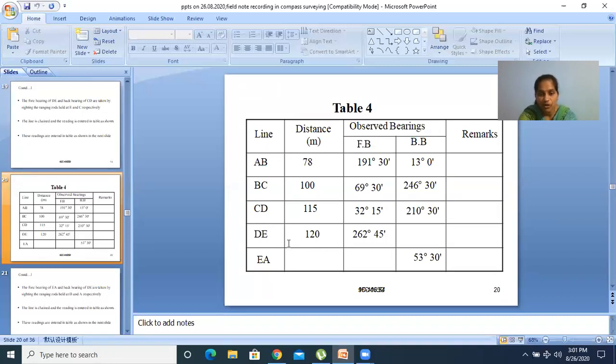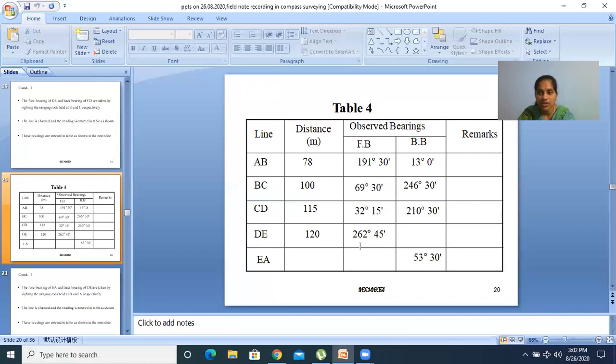The fore bearing of DE line is 262 degrees 45 minutes, and the back bearing of CD is 210 degrees 30 minutes. These are the fore bearings and back bearings taken from station D.